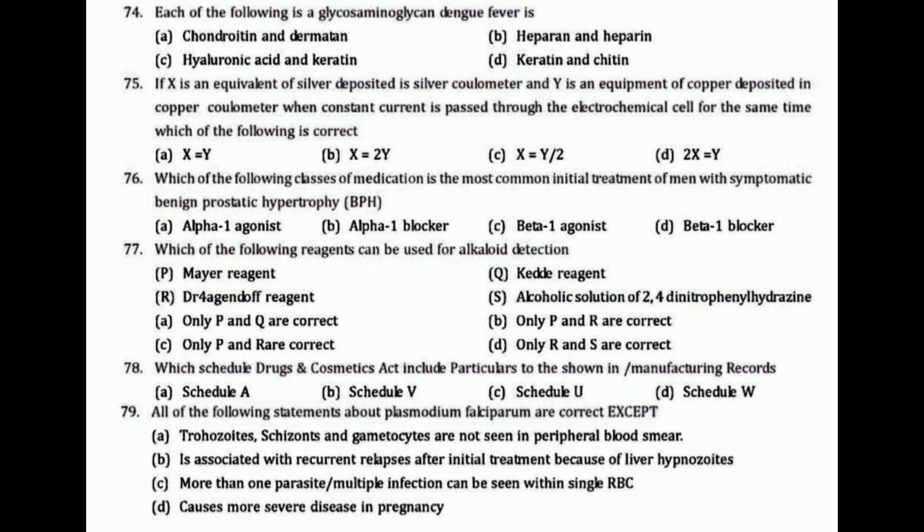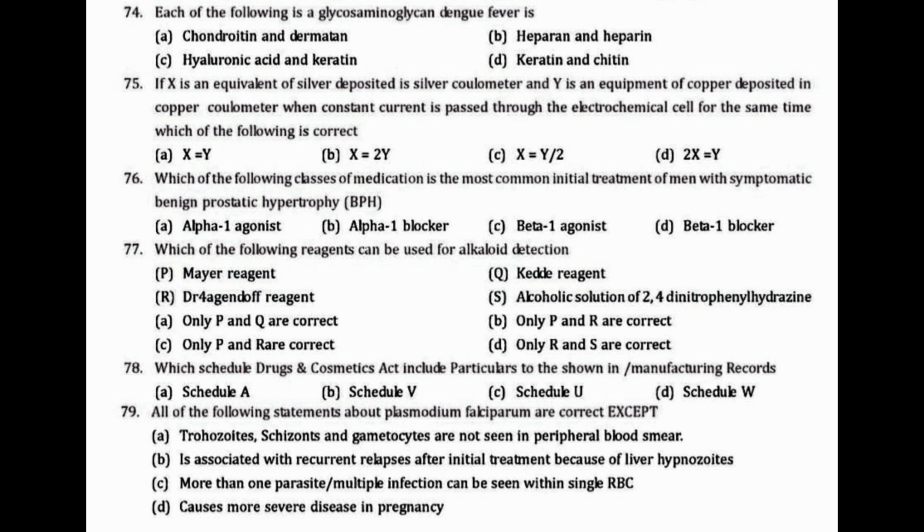Question number 74. From the following, glycosaminoglycan is. Option A, chondroitin and dermatan. B, heparin and heparan. C, hyaluronic acid and keratin. D, keratin and chitin. The correct answer for the 74th question is B, heparin and heparan sulfate.